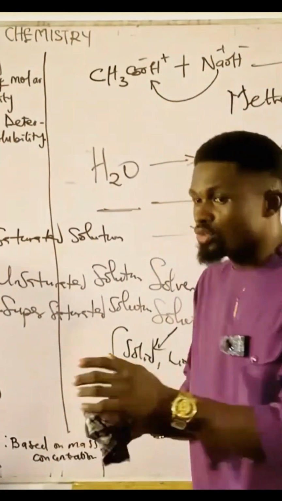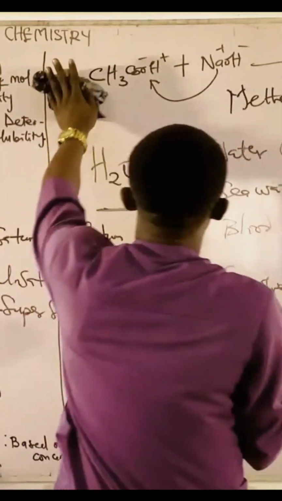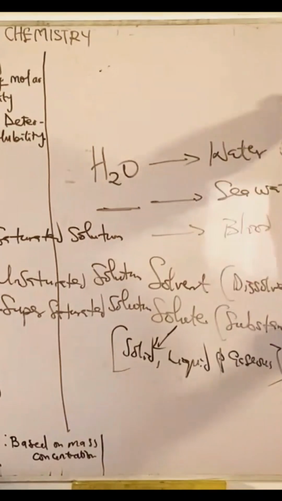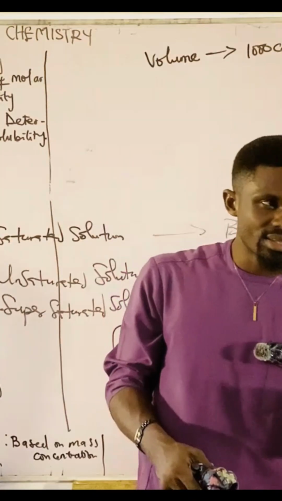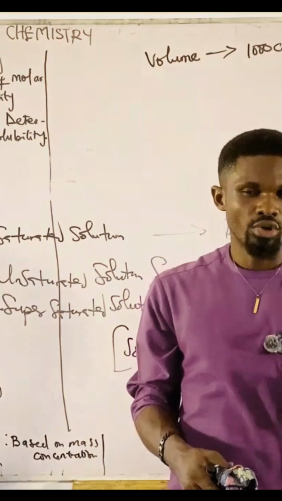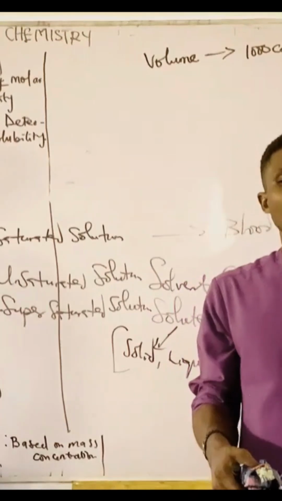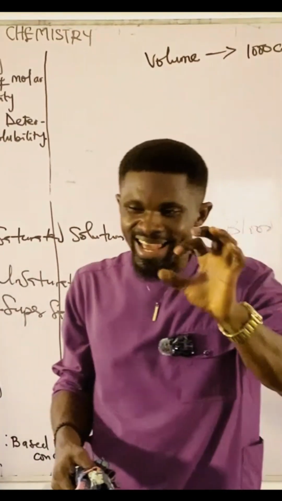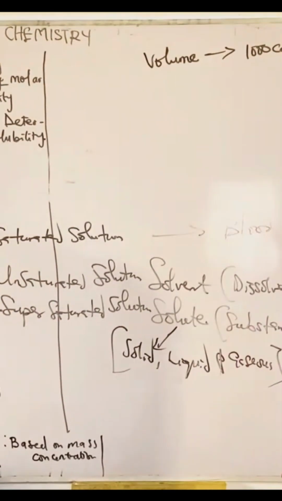So you have to know the volume of water we're using, and the amount of solute in mole or in gram that is able to saturate 1000 cm3. This definition, if you take it to the bank and use it like that, you might get it wrong. Am I communicating?